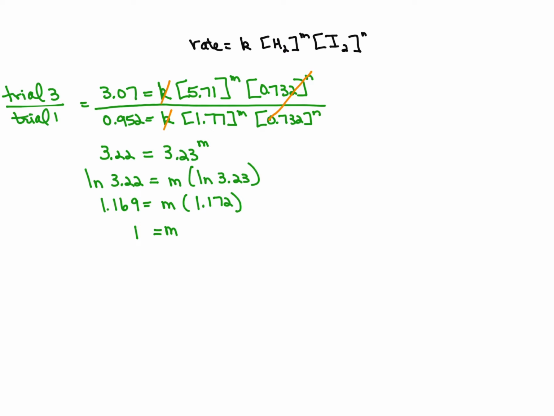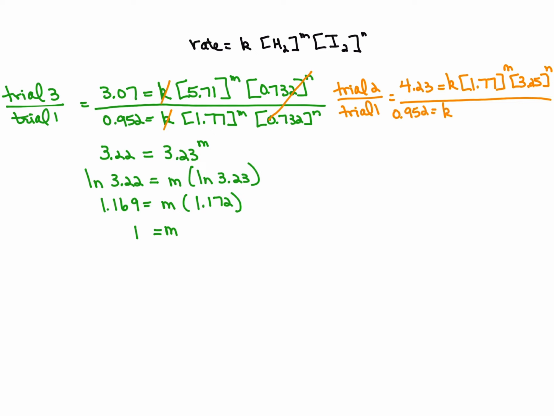For n, I'm going to go ahead and divide trial 2 by trial 1. So rate equals K times the concentration of H2 times the concentration of I2 over trial 1, equals rate times K times the concentration of H2 times the concentration of I2 raised to the power of n.